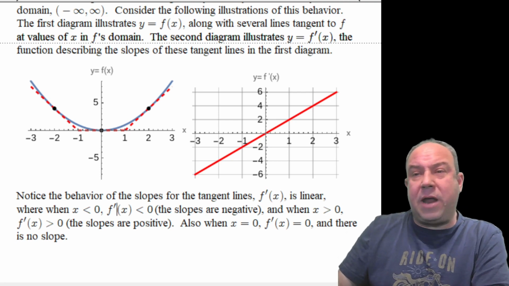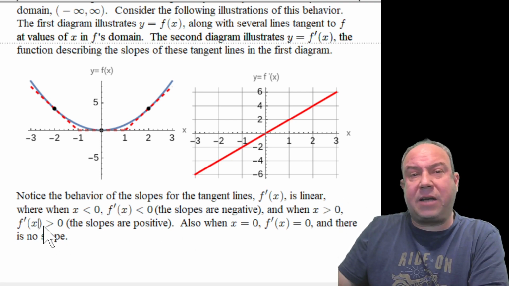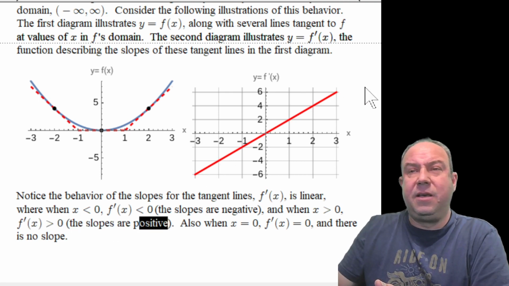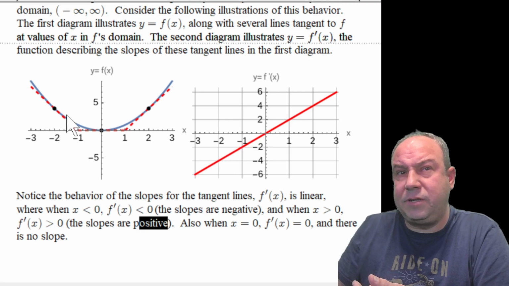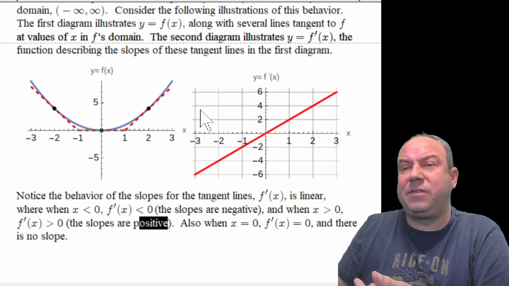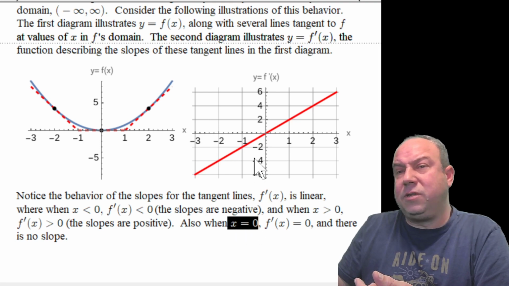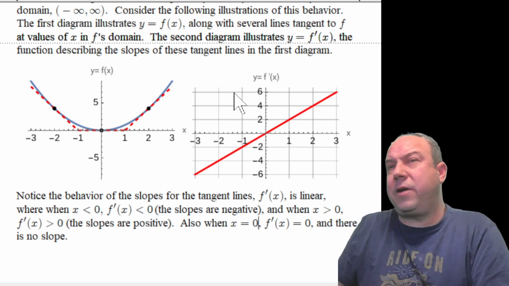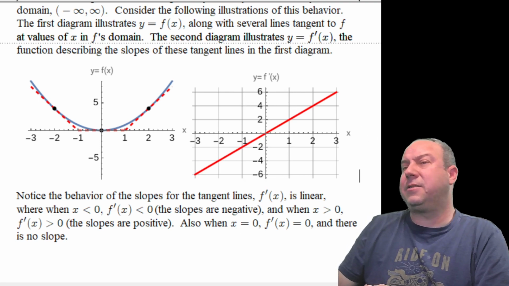When x is greater than 0, f prime of x will be greater than 0 and the slopes are positive. And when x equals 0, your slope will be 0. That's all illustrated here in the graph of f prime of x.